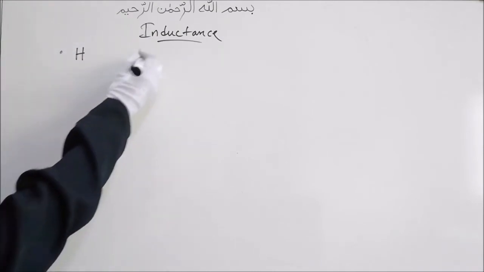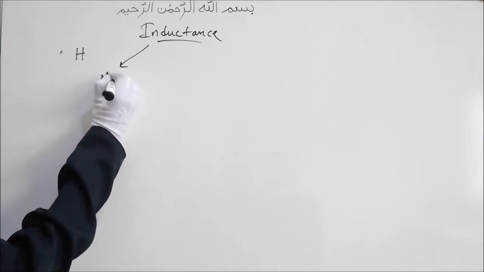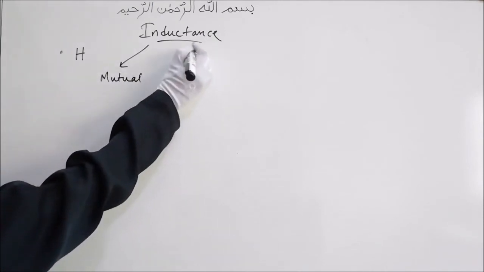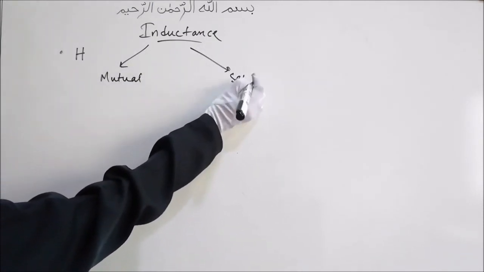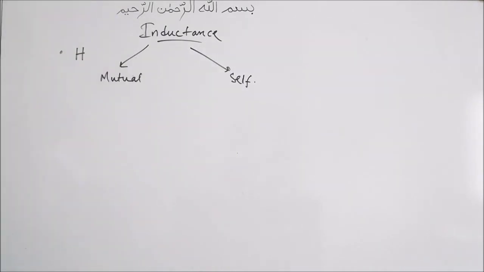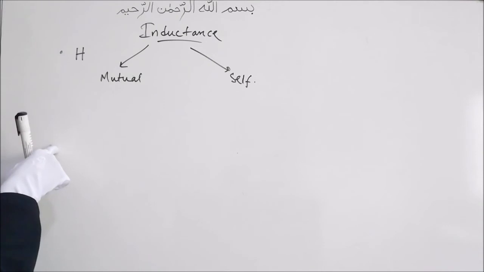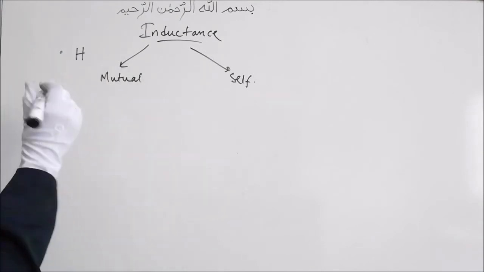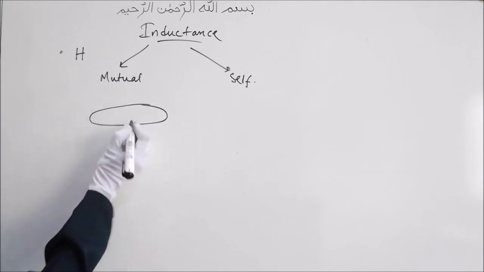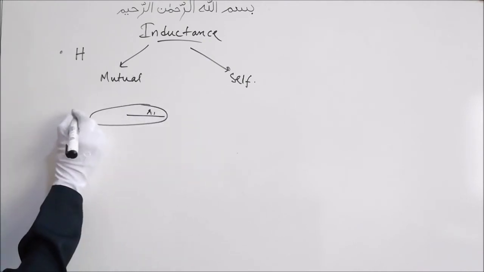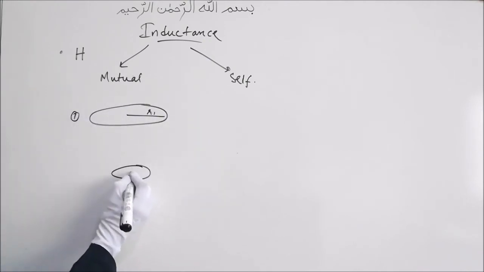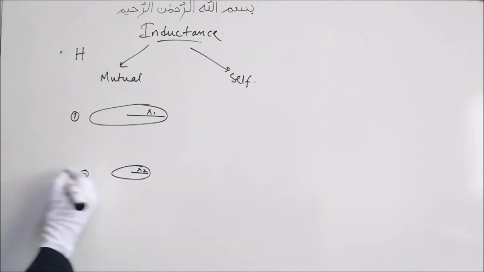There are two types of inductance now. One is mutual inductance, the other is self-inductance. In mutual inductance, the EMF is induced in one coil due to changing current in another coil. For example, we have one coil of radius R1, coil 1, and another coil of radius R2, coil 2.